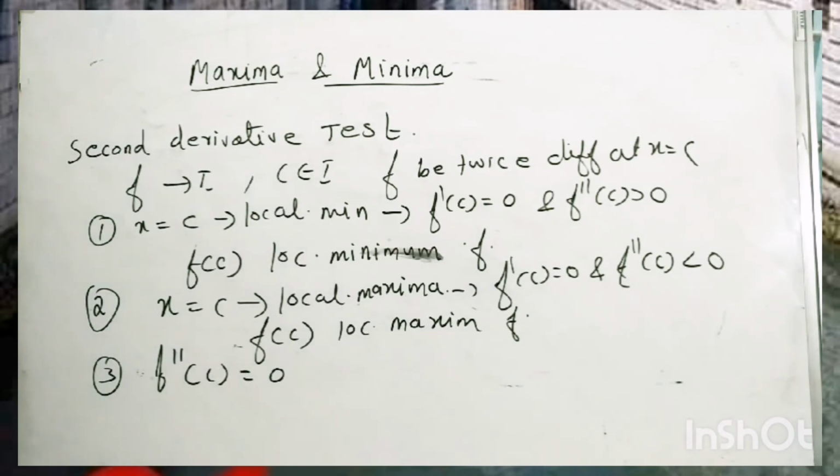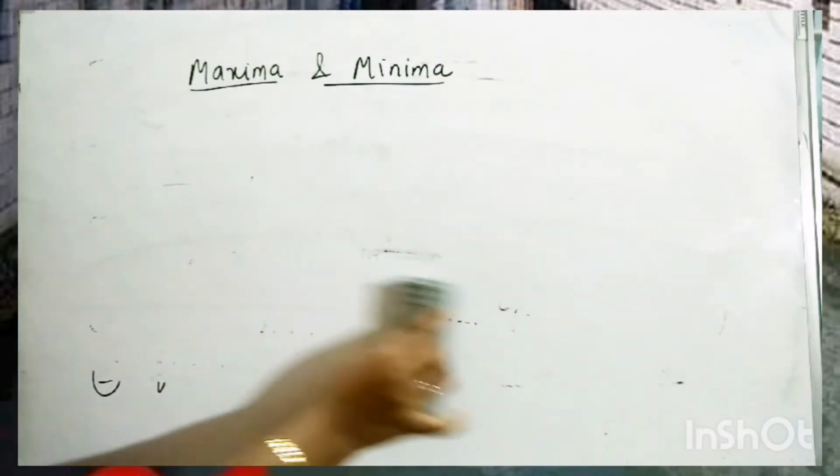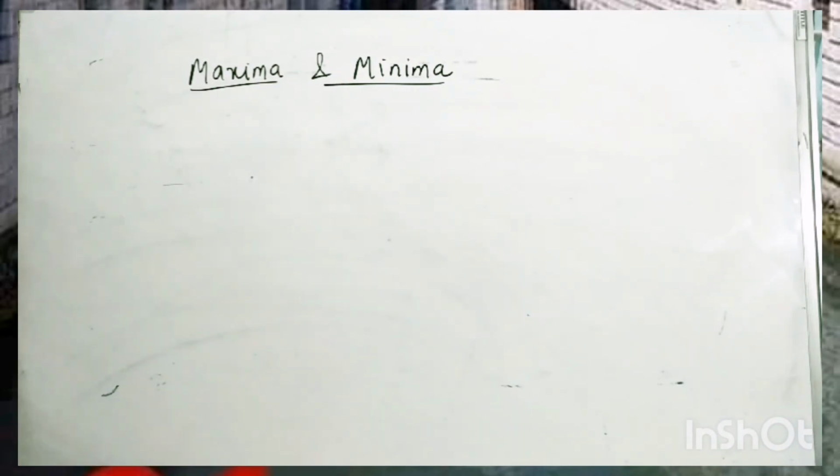Now we are going to discuss the working rule to find the absolute maximum and absolute minimum. We are going to find the maximum and minimum values of a function in a closed interval.